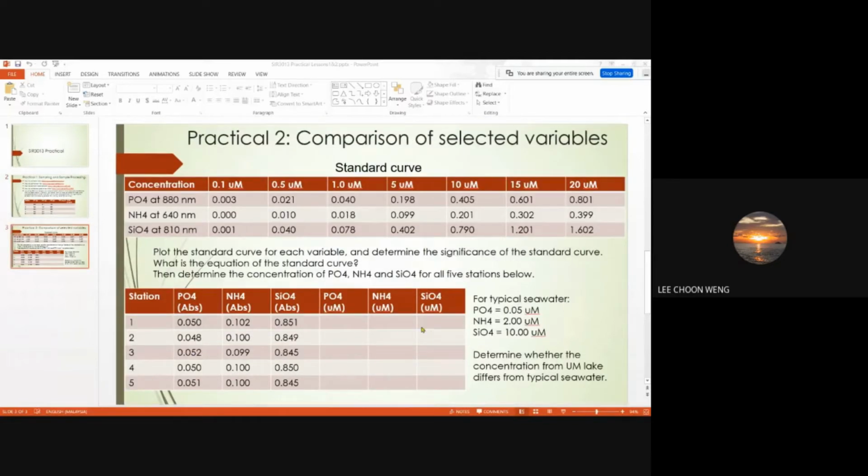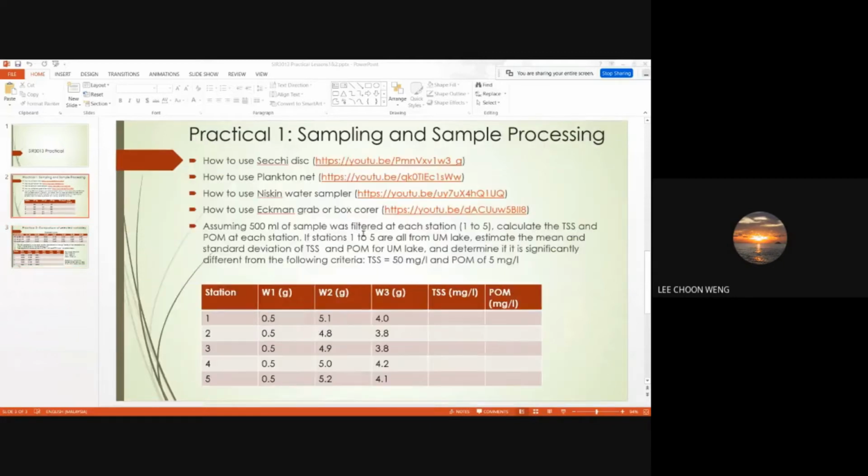Then similarly for practical 2, you have to determine, from a one sample t-test against the criteria of 50 milligram per liter and 5 milligram per liter of TSS and POM, whether the measurements that you obtained were within the water quality limits.